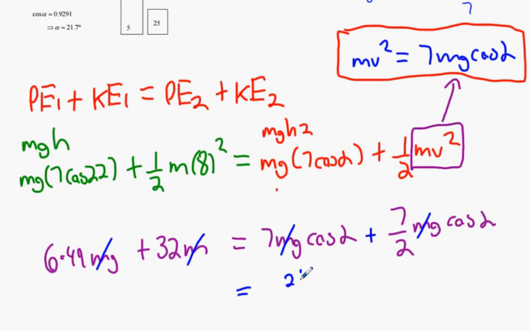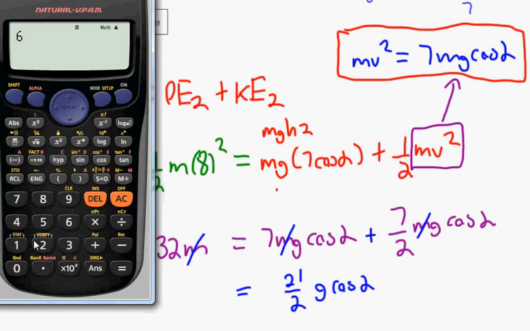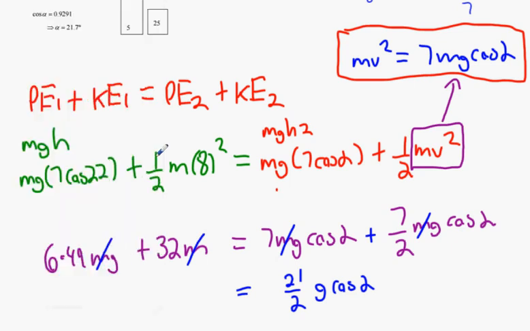Yeah, 21 over 2. g cos alpha. And then 6.49 times 9.8. 6.49 multiplied by 9.8, that's 6.49 g. Plus 32. Change it into 95.602. So this here turns into 95.602.